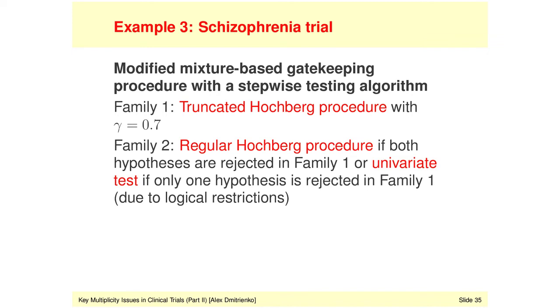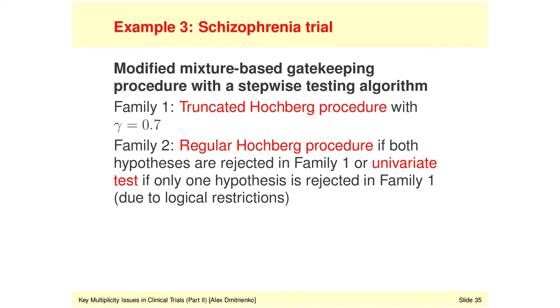That would be the case, of course, if both hypotheses are rejected in family 1, and therefore, based on the predefined logical restrictions, both hypotheses in the secondary family would be testable.